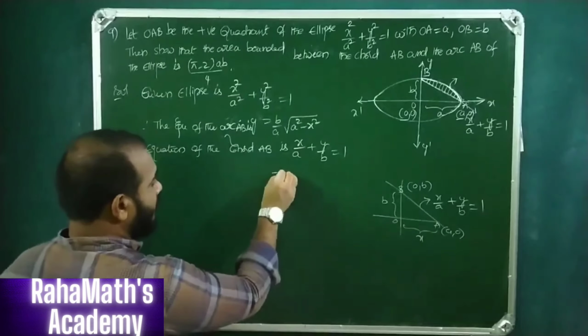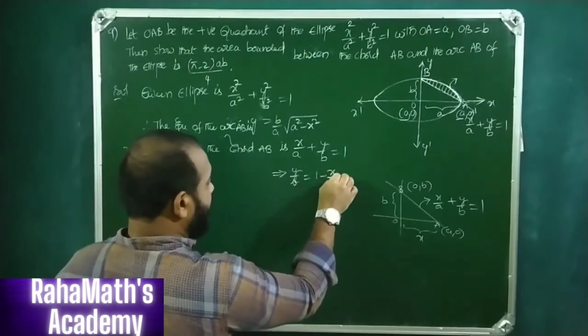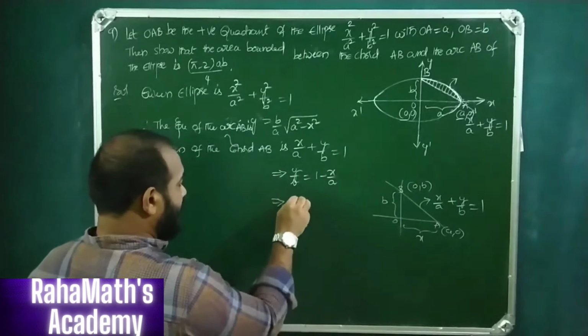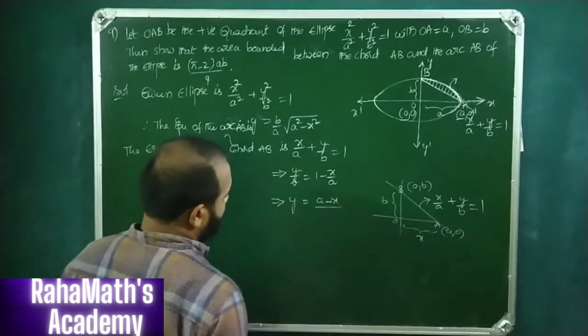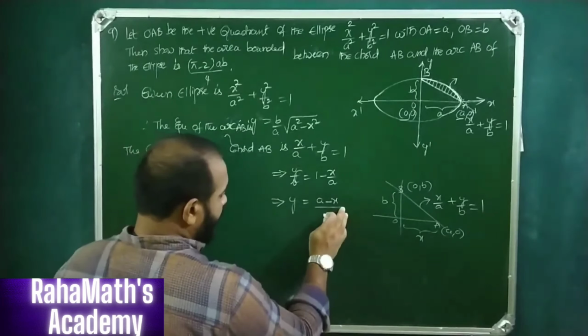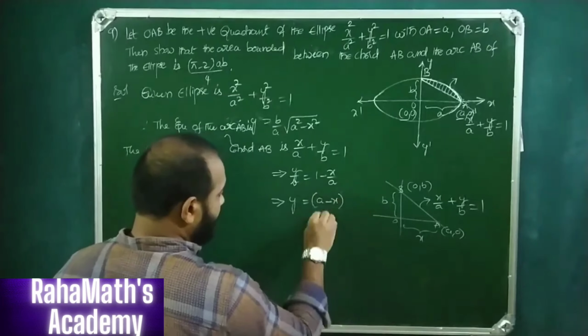From this, y by b equals 1 minus x by a. So y equals (a minus x) into b by a.